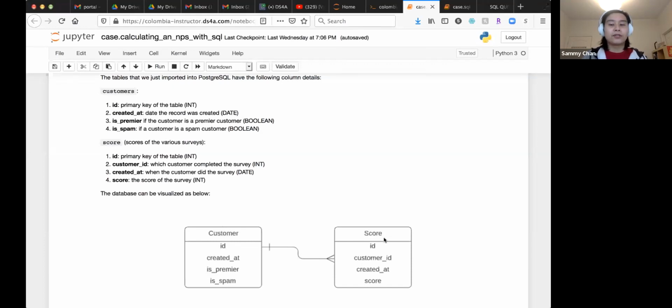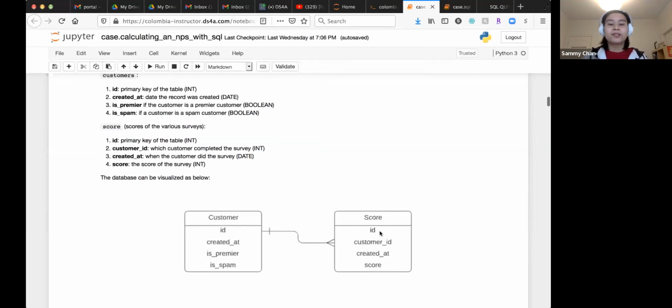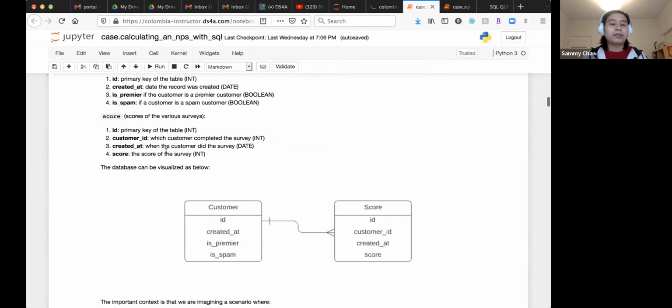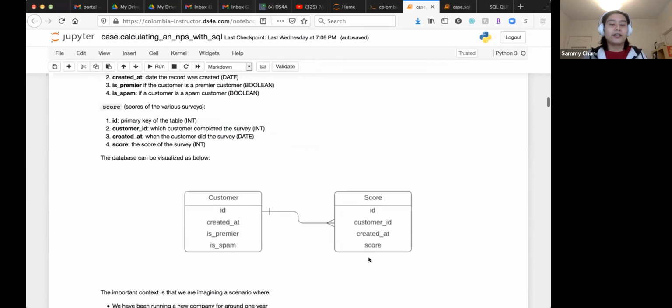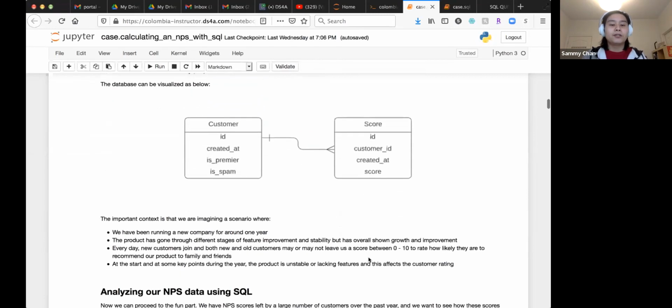That is for us to have a reference of all the scores, which scores were left by which customer, the date time when the survey was done, when the score was recorded, and also what score they gave us.